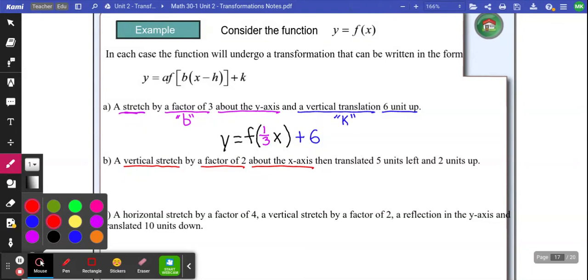That means this is discussing your a value. And then translated 5 units left. That would be an h value. And 2 units up. That is talking about a k value.